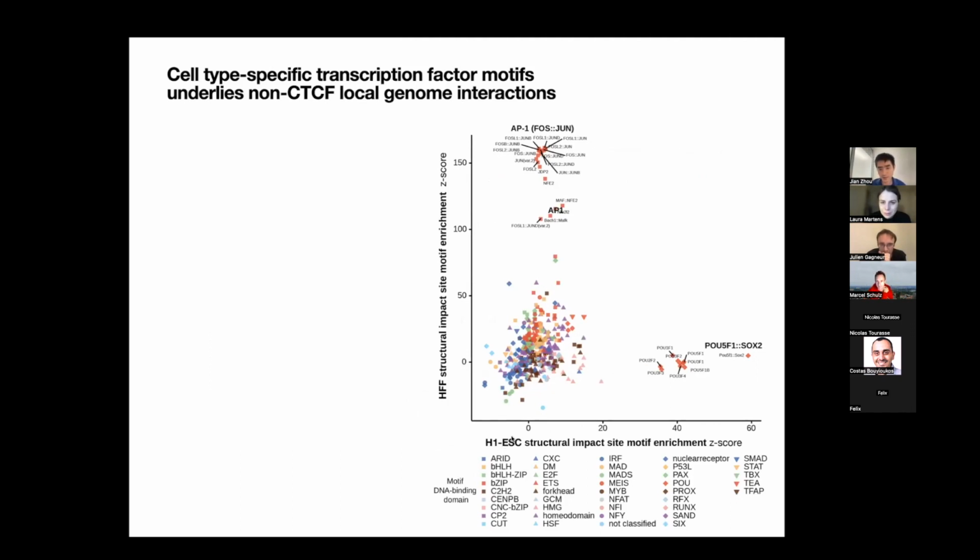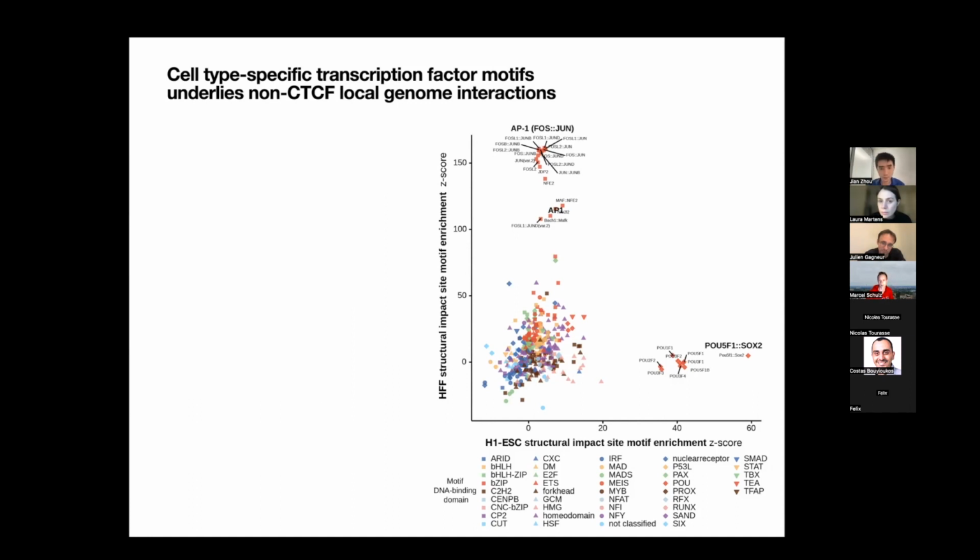In the H1 ESC model, those non-CTCF 3D genome impacting sites are enriched in the POU5F1 and POU5F1-SOX2 fusion motif, both of which are reprogramming factors that we know are important for the biology of the embryonic stem cell, right? And for the skin fibroblasts, the AP1 family, the Fos/Jun motifs, are highly enriched, which is also consistent with the known biology of the fibroblast cells.